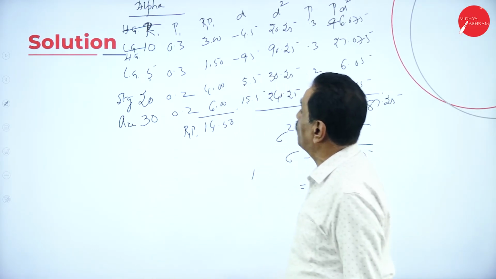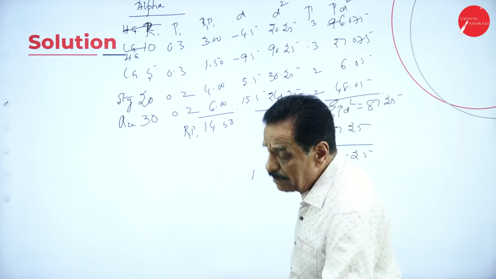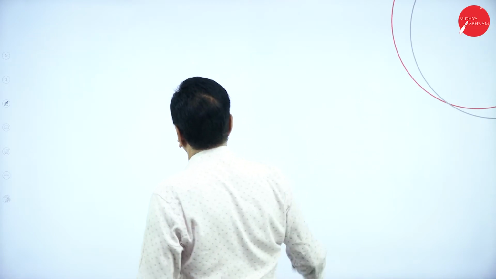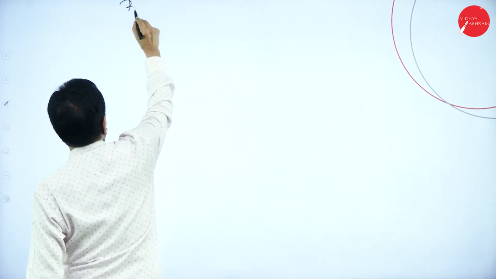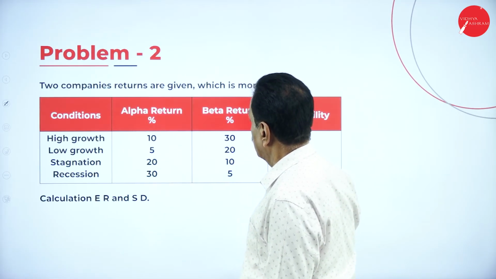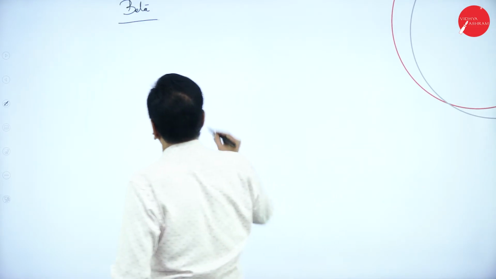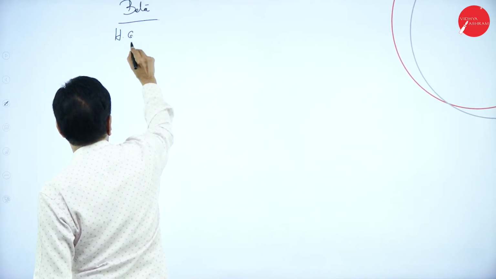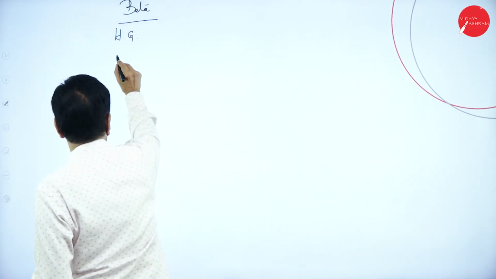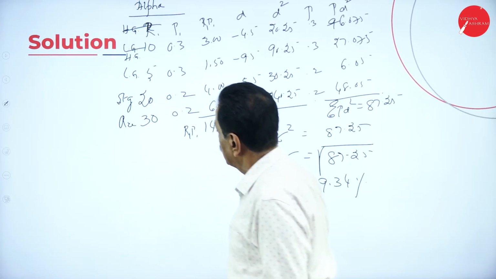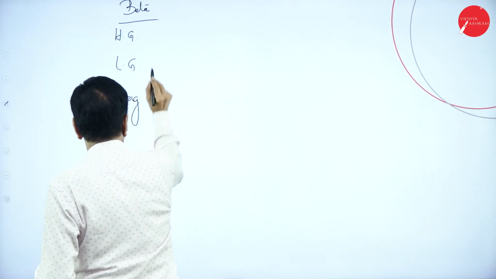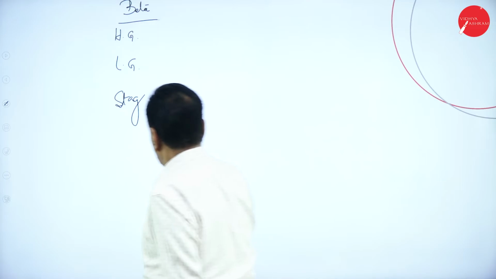This goes in favor of alpha. Same thing we have to do in favor of beta. Now, beta: high growth, then low growth, then stagnation, then recession.